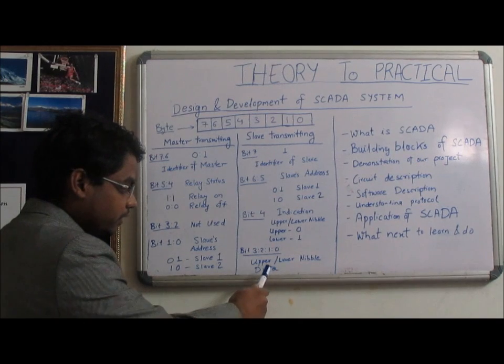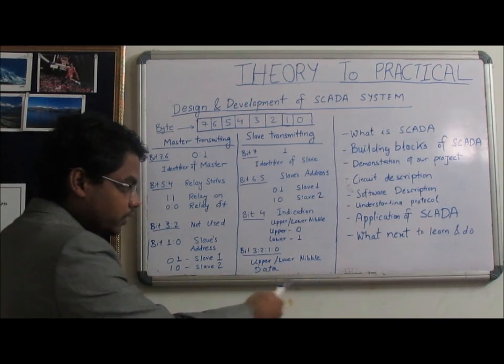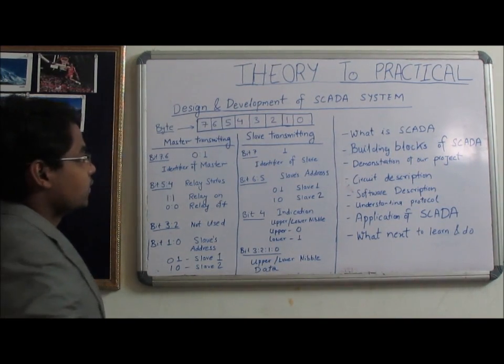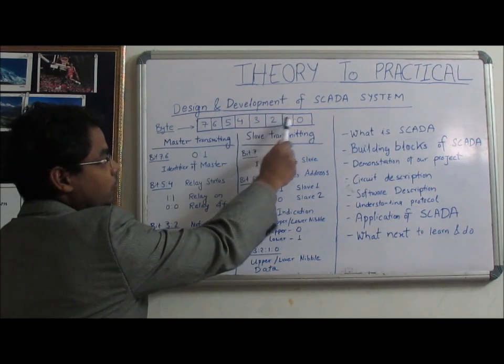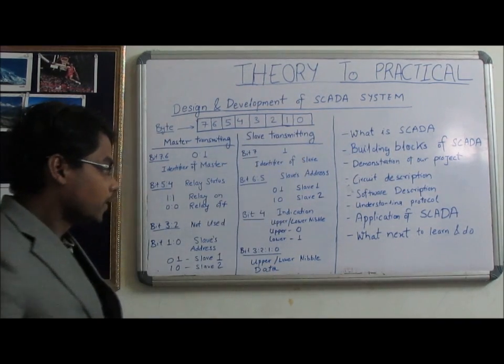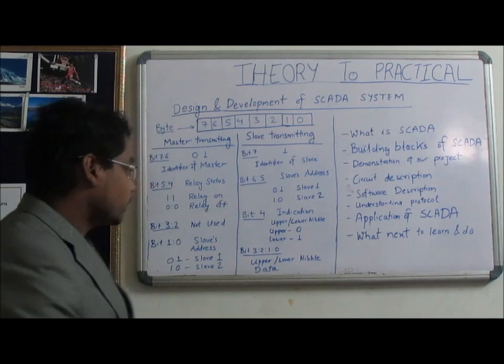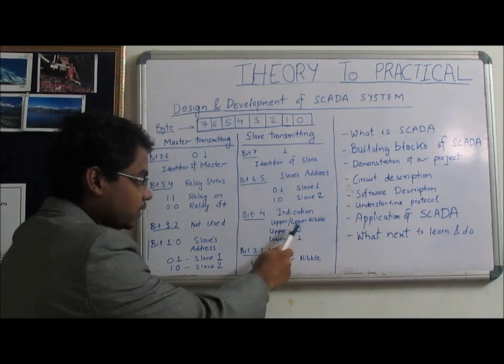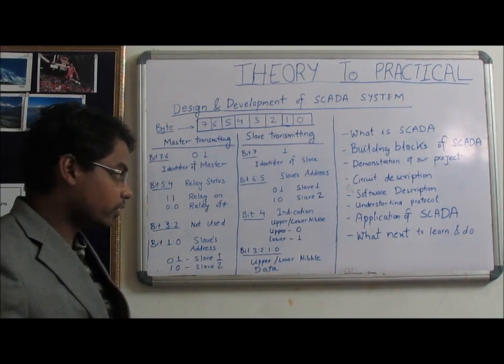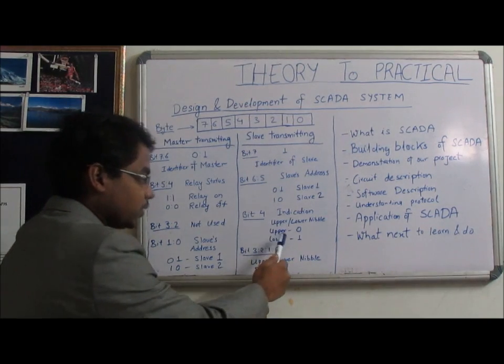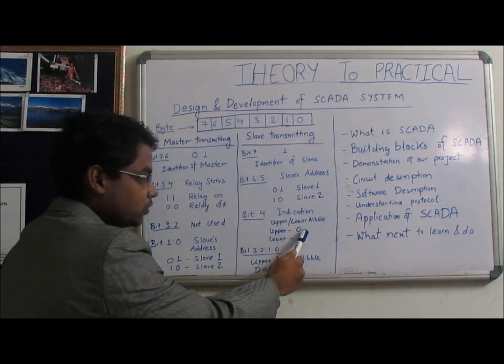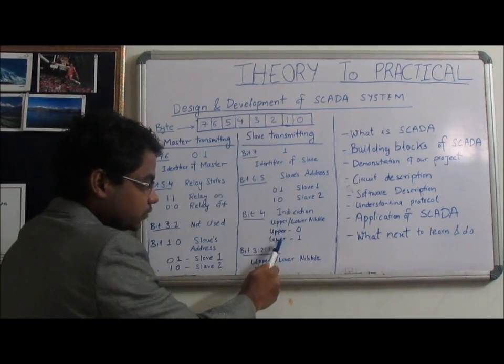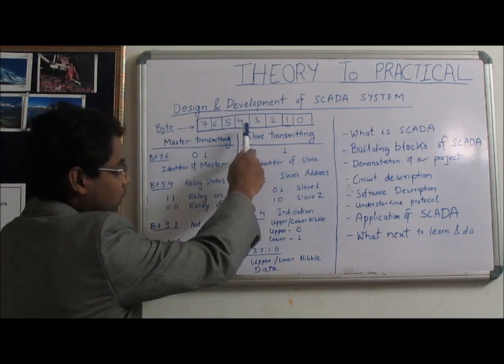So we have written here upper or lower nibble data, that is in this location, bit 3, bit 2, bit 1 and bit 0. Then this bit 4 is an indicator of upper or lower nibble. If it is upper nibble, then it will write here 0, and if it is lower nibble, it will write here 1.